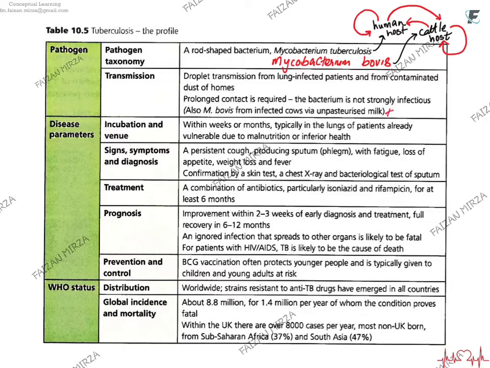It has been seen that people who have Mycobacterium tuberculosis, this pathogen of humans, can transfer that pathogen to cattle, and cattle can transfer it to other cattle. So cattle are also seen to be suffering from TB. The cattle host normally is infected with their own pathogen, Mycobacterium bovis.